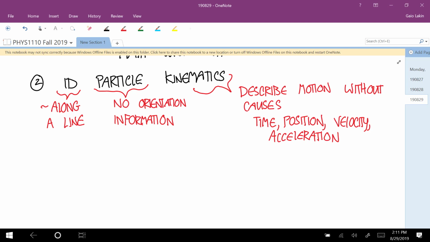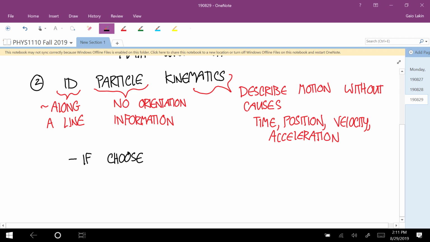So the reason that we start with one-dimensional motion is there's something easy mathematically about it. If you choose the positive direction to represent one way along the path and the negative direction to represent the other way, if you choose one of those, you've by default chosen the other one.